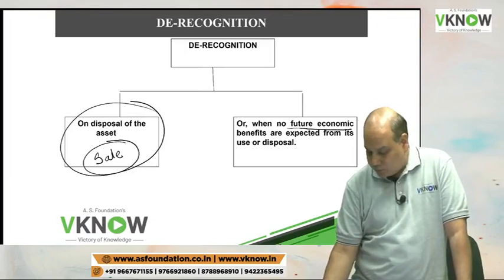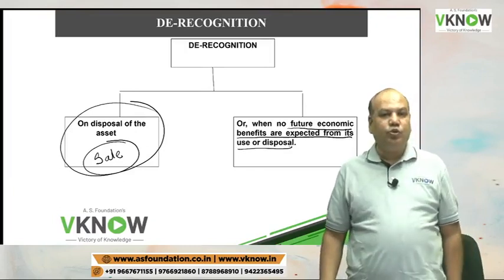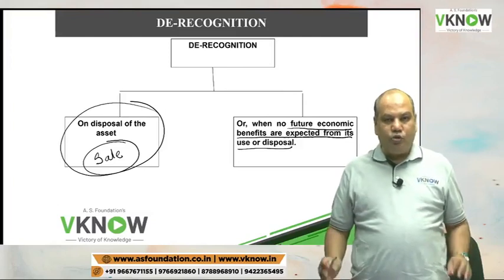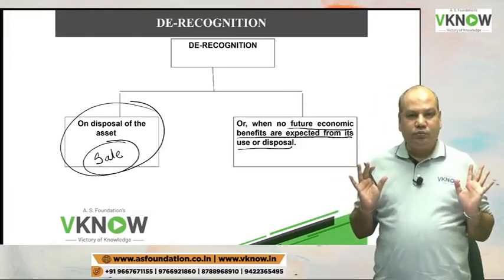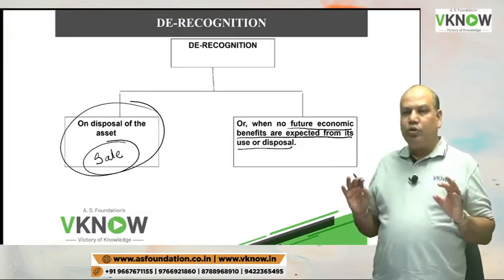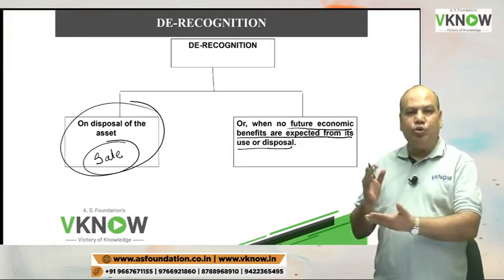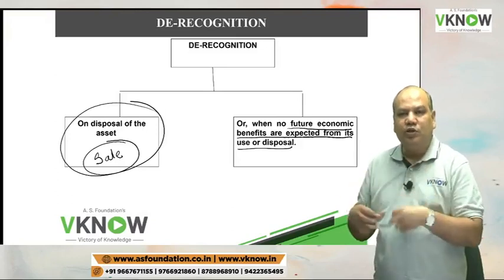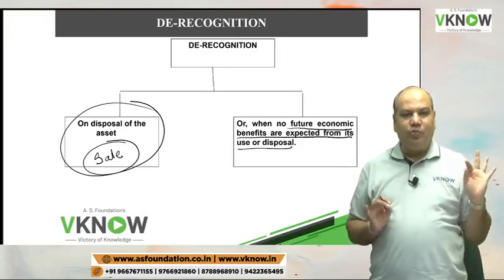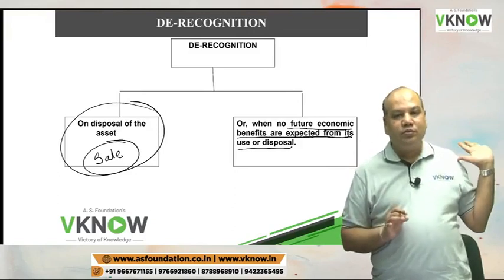And secondly, no future economic benefits are expected from use or disposal. If you are not going to receive anything from using or even selling it, it is totally useless for you now. That means you will just throw it.